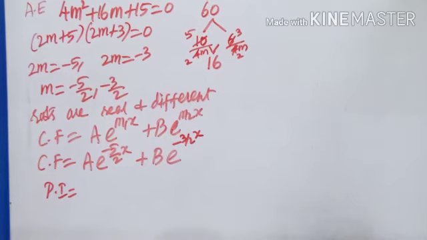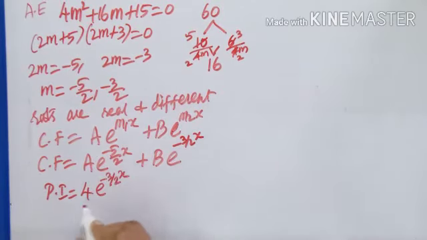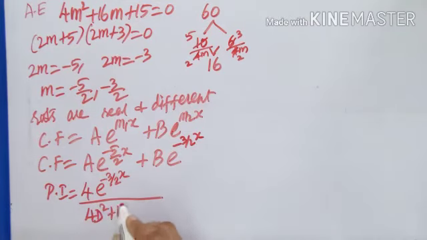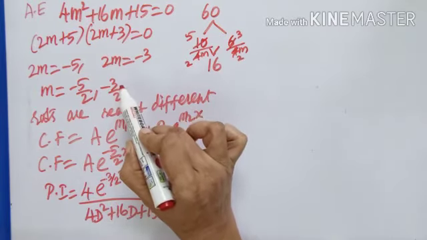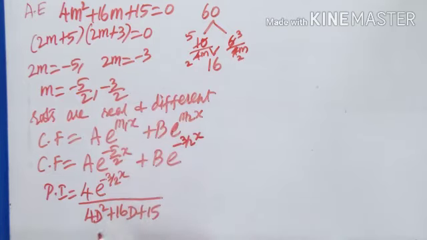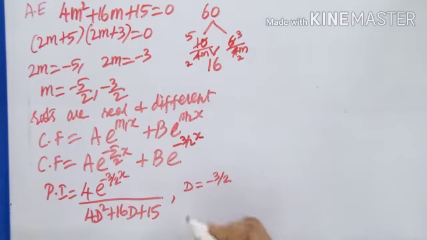What is the RHS? 4 e power minus 3 by 2 x divided by 4D square plus 16D plus 15. This power minus 3 by 2 is an answer here. That means if I put minus 3 by 2, the denominator will become 0. D equals minus 3 by 2. Phi of D, which we call the denominator, is 0.